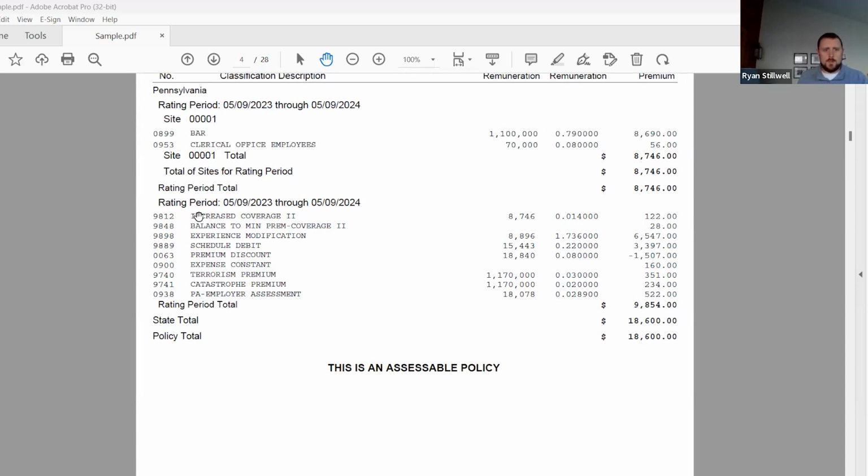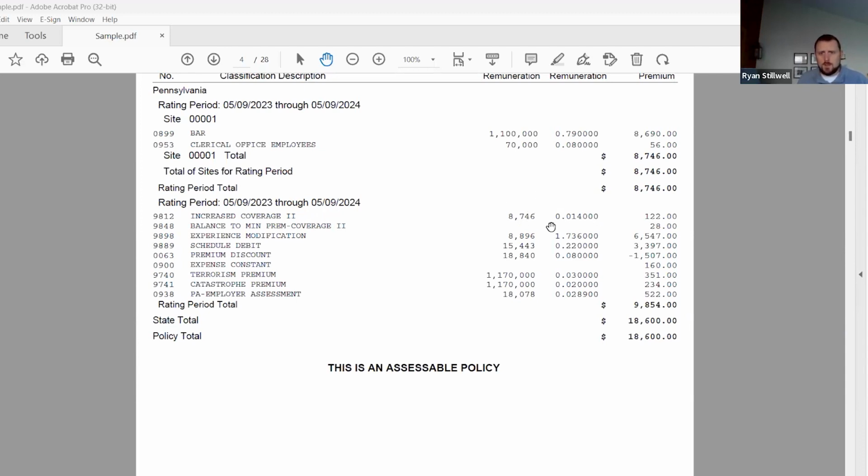So these two codes, increased coverage 2 and balance to minimum premium coverage 2. So for this particular client, we upgraded their employer's liability limits from the base $100,000 in coverage for any accident or injury per employee to $1 million for any single accident, for any single injury or illness to a single employee.